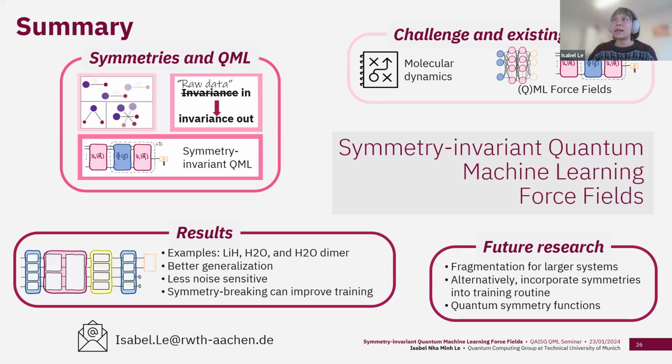This is also nicely summarized, I think, in a paper by the Los Alamos people about representation theory for equivariant quantum neural networks.